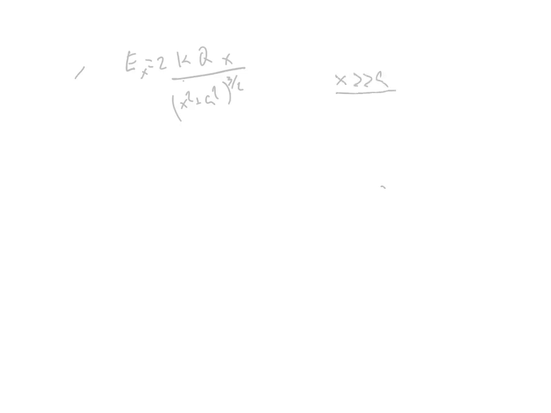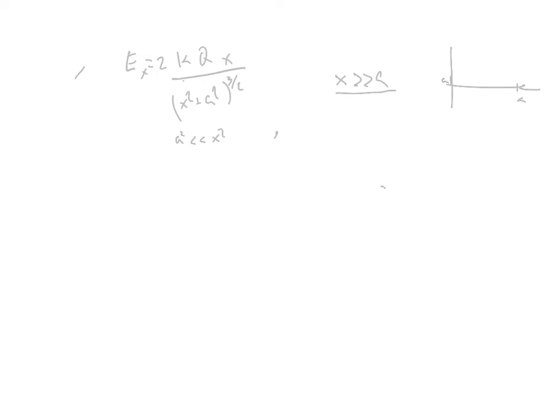When x is bigger than a, it means that we are looking very, very far, and a is very, very small. So if we are looking very far, a squared is very small compared to x squared. So we neglect a squared.